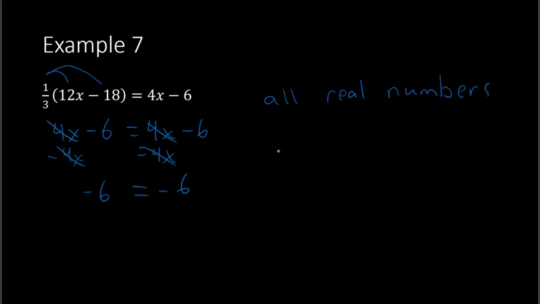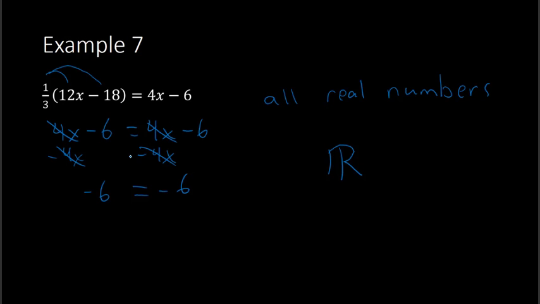It could be any number, and we would still have a true statement. And if you want to write this shorthand, instead of writing out the whole phrase, all real numbers, you can write a fancy R. So it looks something like this. And that symbol means all real numbers.